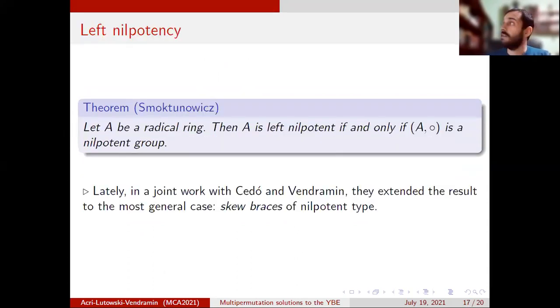Okay, so now we will briefly discuss the left nilpotency. We have this theorem of Smoktunowicz, which says that if A is a radical ring, the left nilpotency of the ring is equivalent to the nilpotency of the circle group of this ring. Since she used techniques related to skew braces, in joint work with Cedó and Vendramin, we extended the result to skew braces of nilpotent type.